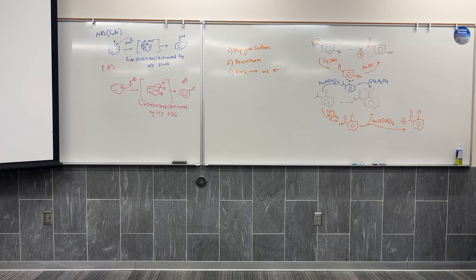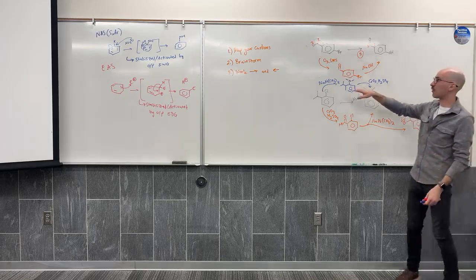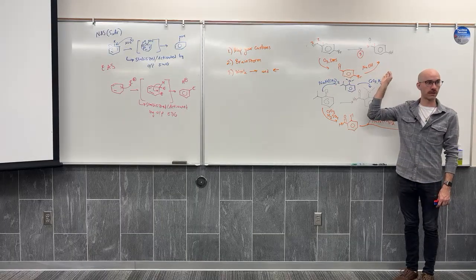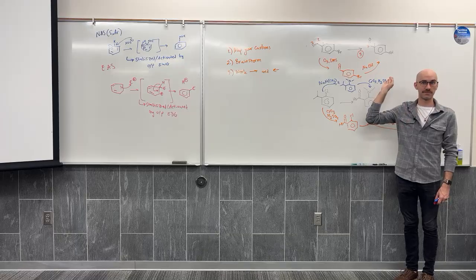Which means that it can be really easy to get confused between them. However, EAS has 6 named reactions that we're going to go through, whereas NAS didn't have any names. NAS involved nitrogen nucleophiles or oxygen nucleophiles. That was it.